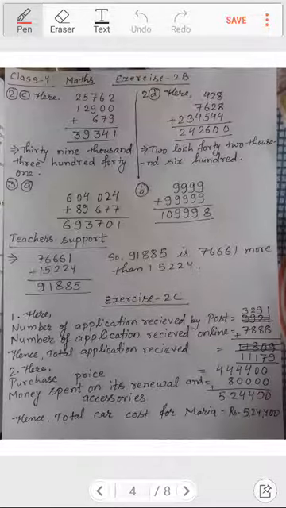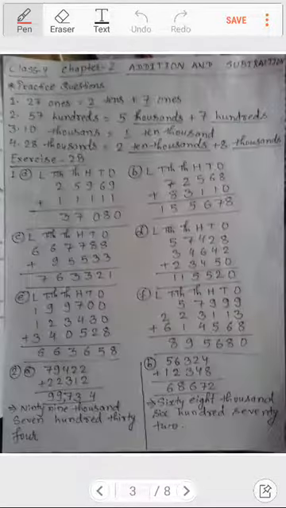Here you can see these are all the answers of the practice question only. Here I had also written that this is a practice question. Last time I had discussed it orally and this time I had given you a solution in a written page.